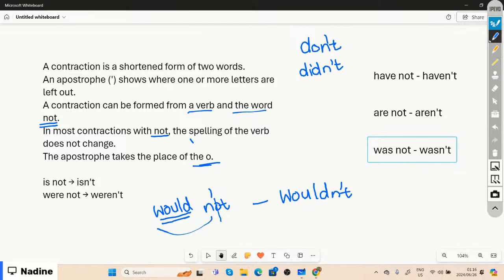So these are our contractions. We said a contraction is a shortened form of two words, and an apostrophe shows where one or more letters are left out. Even if we leave more than one letter out, you only add one apostrophe to that word. We don't add more than one apostrophe to the word.